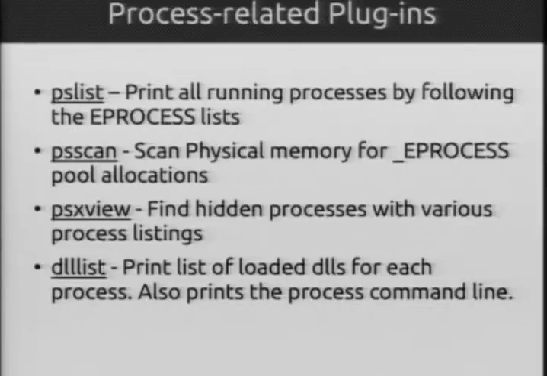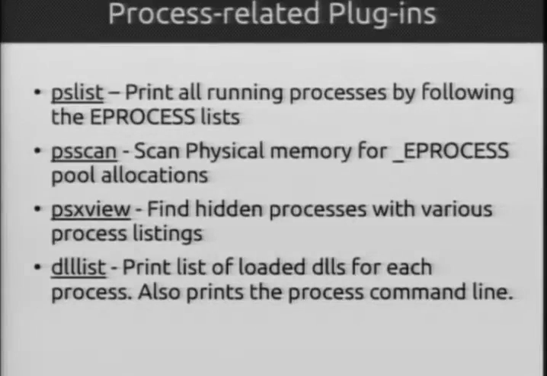It has a link to the current process and then a link to the next process. So when you open Task Manager or you run tasklist on Windows, basically what it's doing is finding this eProcess list and walking down the list. So this is going to show you all the currently running processes at the time that the memory dump was taken. Now, PSScan actually goes into memory and looks for the individual records themselves.